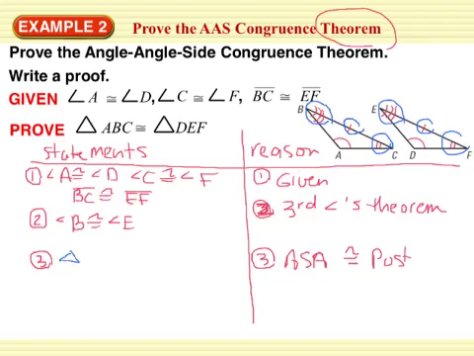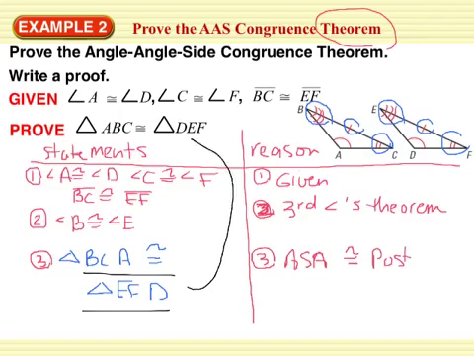So we can say that triangle BCA is congruent to triangle EFD. Yes, I know I wrote that in a different order than how it's given, but if you look, BCA, EFD, their corresponding parts are congruent, so I'm good. And we just proved a theorem.